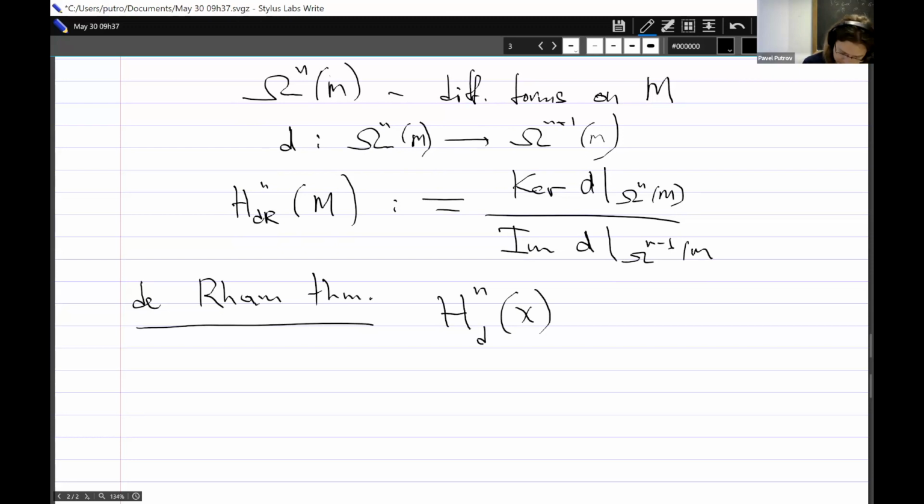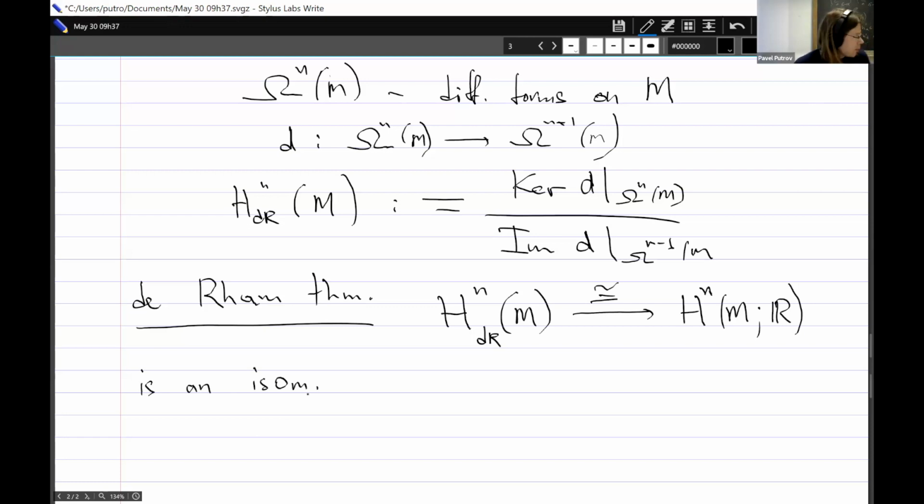There is a natural map, which I will explain in a moment, from the de Rham cohomology to the singular cohomology with coefficients in the real numbers. And this map is an isomorphism. The map is defined as follows.